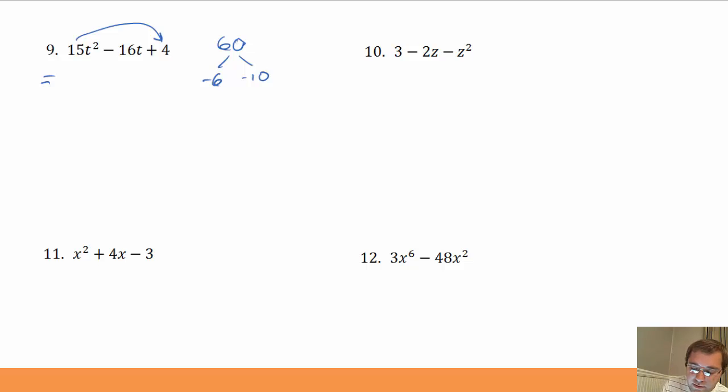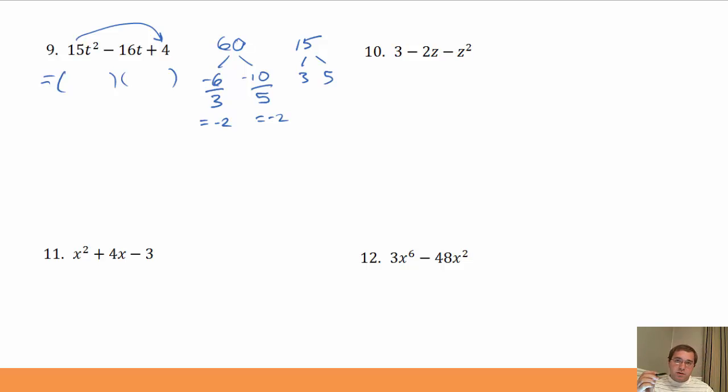And I can split up 15 as 3 times 5. And I can divide negative 6 by 3, and negative 10 by 5. So I'm going to do that. Negative 6 divided by 3 is negative 2. Negative 10 divided by 5 is negative 2. Alright, so I have two sets of parentheses.